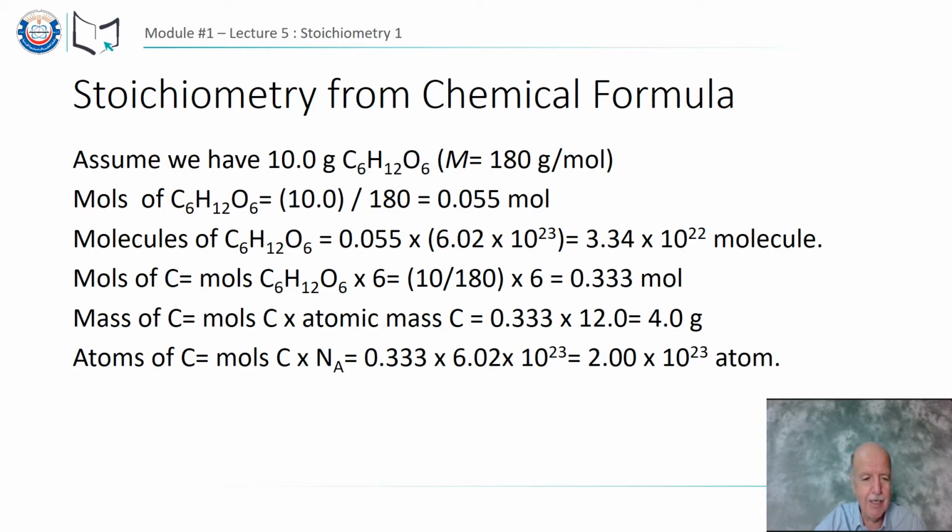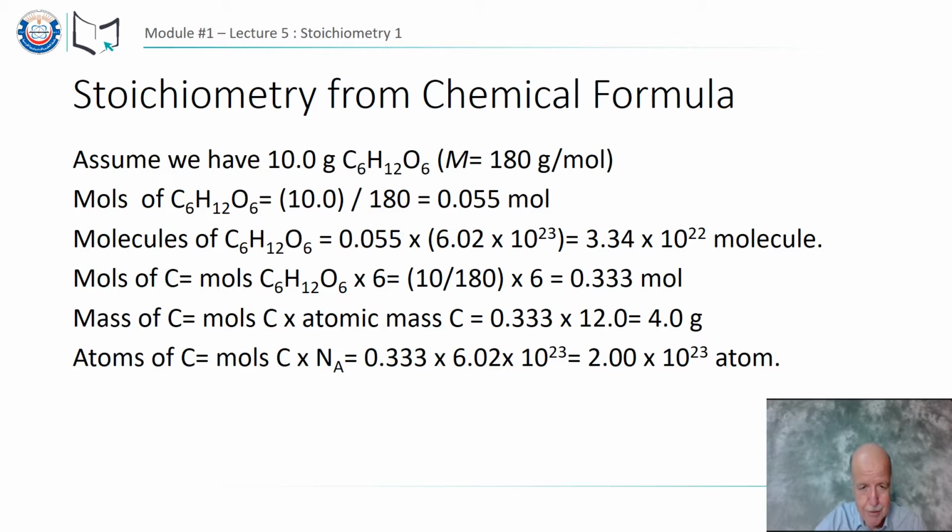Okay. I can calculate atoms of carbon. Always I go to number of moles. I need atoms of carbon. What do I need? I need to go to the moles of carbon, which is mass over molar mass, multiplied by 6, multiplied by Avogadro's number. You see?